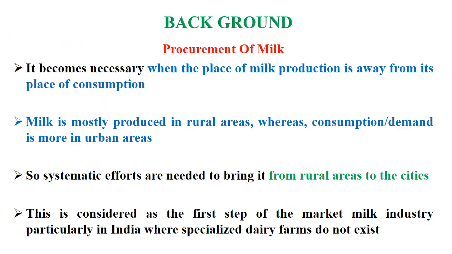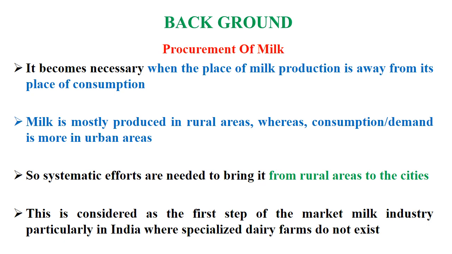As I mentioned, about liquid milk marketing, we need to understand a little bit of background, that is, the procurement of milk. This I have discussed earlier about market milk distribution and the flow of operations. Procurement of milk is very important, and it becomes necessary when the milk is produced away from the place of consumption.